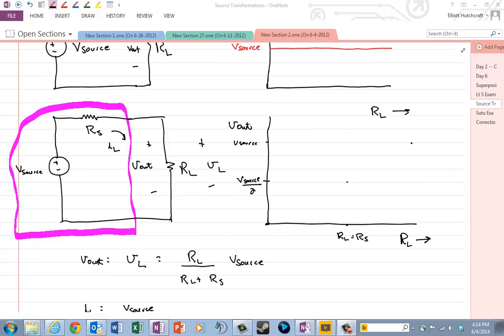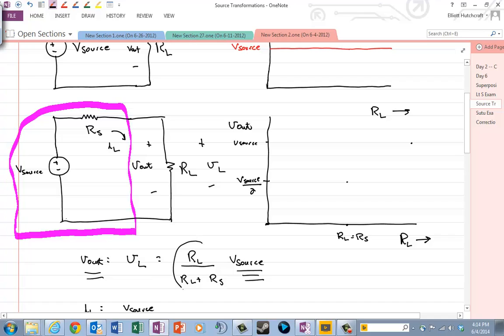I made a mistake, so I'm coming back to correct this. I actually think I said the right thing, which is that the output voltage is a linear function of the source voltage, with slope RL over RL plus RS. That's fine, but in my drawing I had V out versus RL, and I said, let's copy this over to a new page.